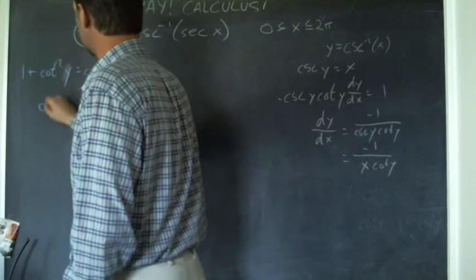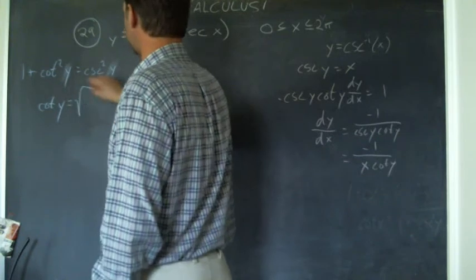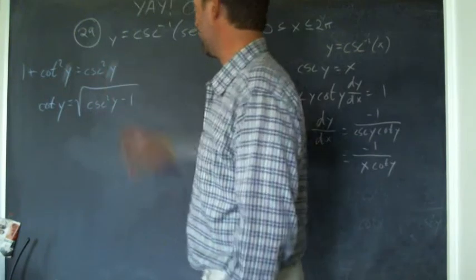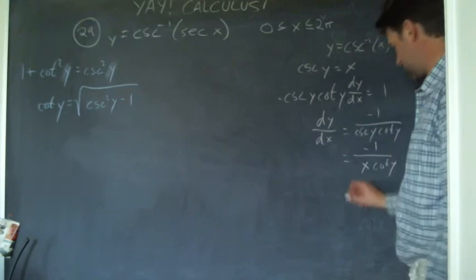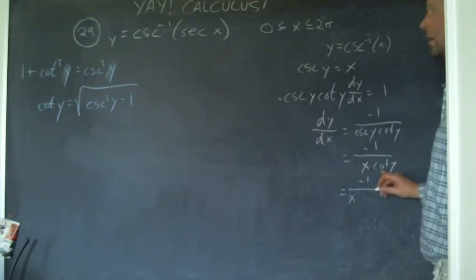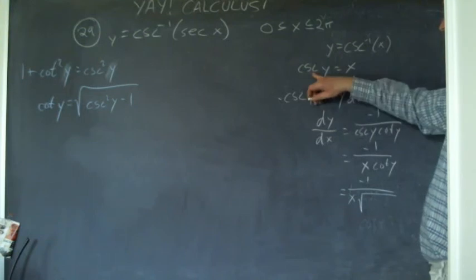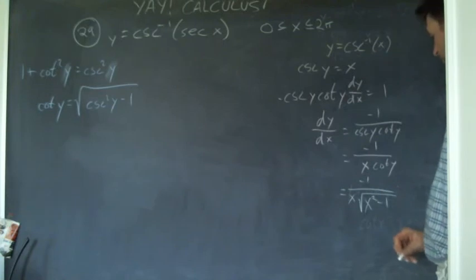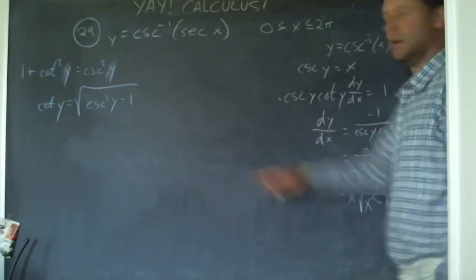So that means that the cotangent of y, I'm going to subtract 1, take the square root of both sides: cosecant squared of y minus 1. And that'll do fine because we already know the cosecant. So, keep our x. Cotangent of y is equal to the square root of cosecant squared y minus 1. Cosecant is x, so that'll just be the square root of x squared minus 1. So that is our, of course we have dy/dx afterwards. So we'll apply this here.